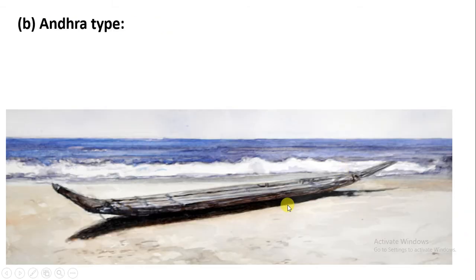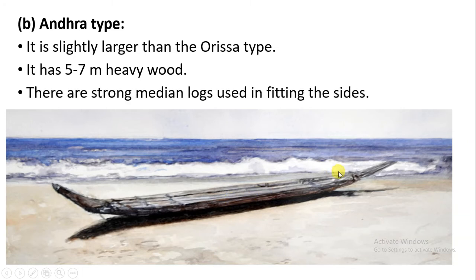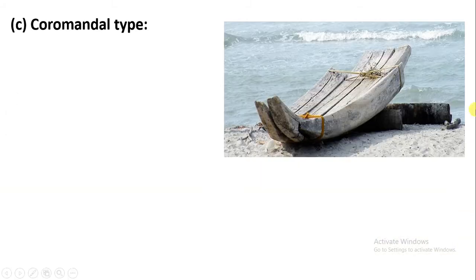Next comes the Andhra boat. The Andhra boat is slightly larger than the Orissa type, about 5 to 7 meters, with heavy woods, and strong median logs are used for the fitting at the sides. Next comes the Coromandel type.